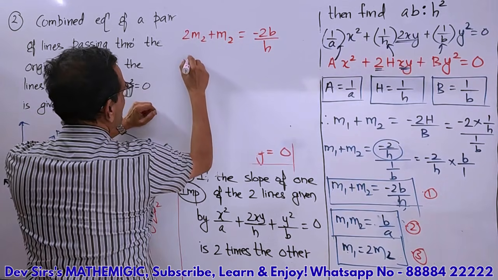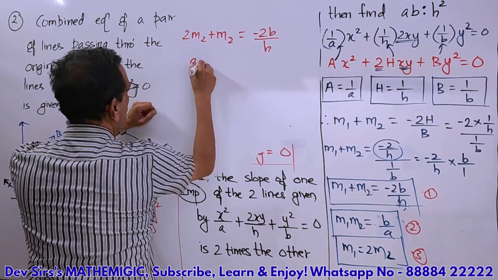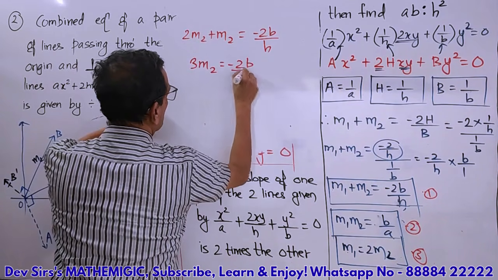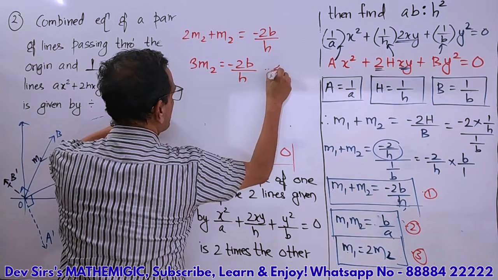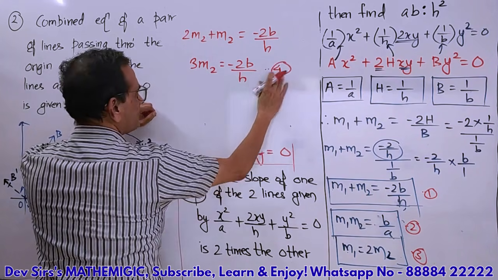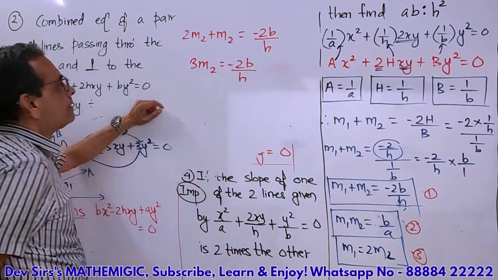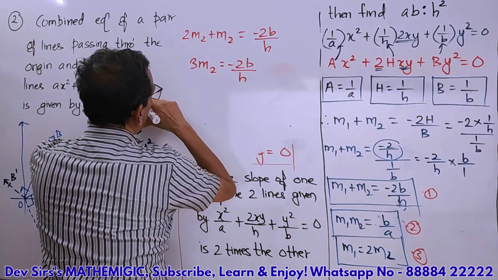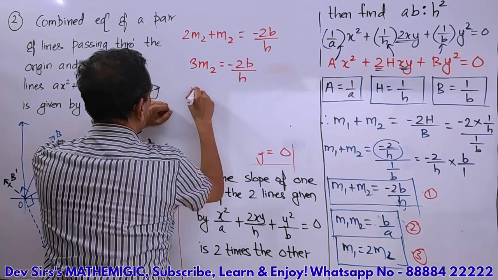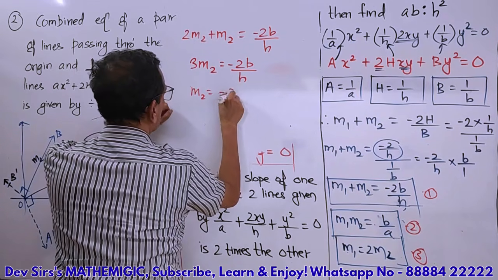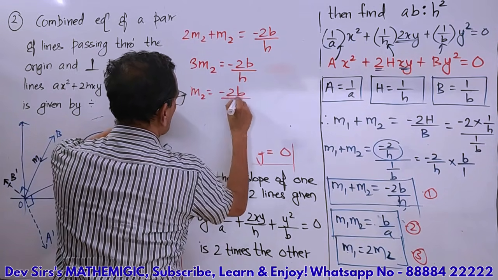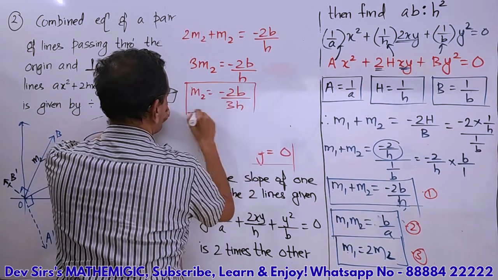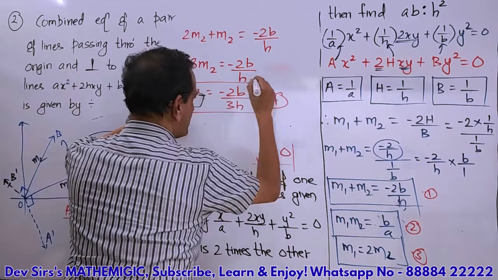So 2m2 plus m2 is 3m2. Sorry, not as yet. Take 3 in the denominator. This is equation 4.